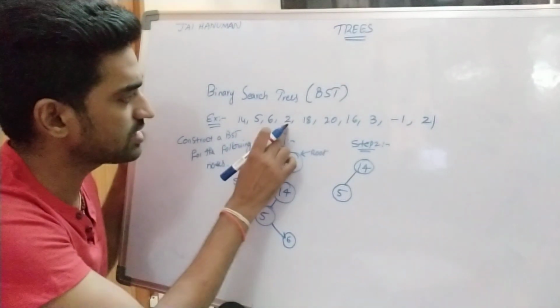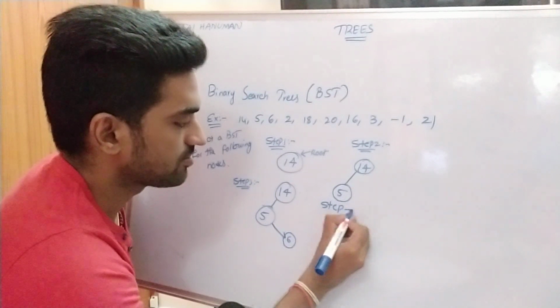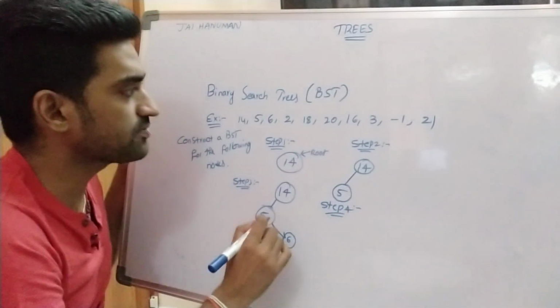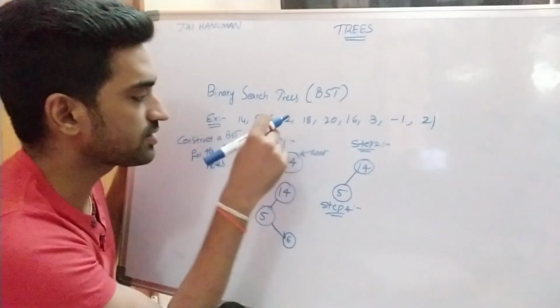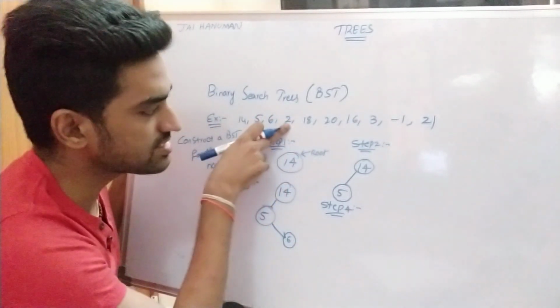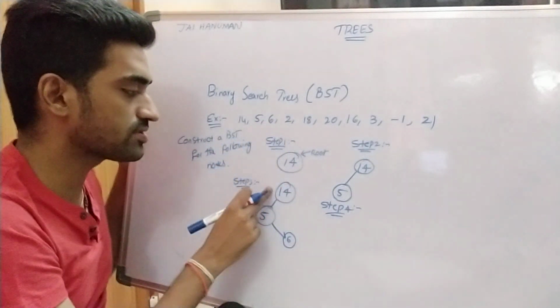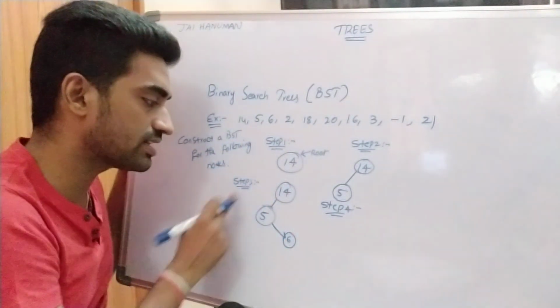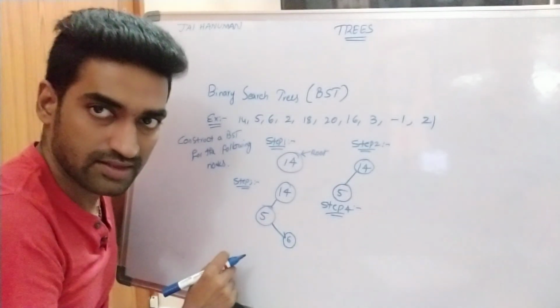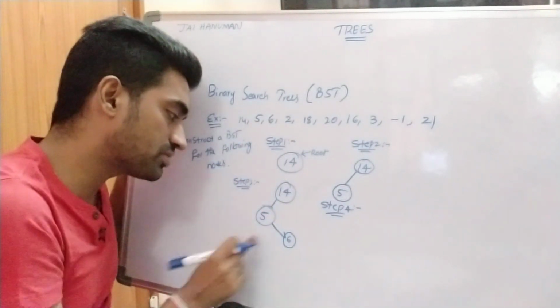So what is the next inserted element? 2. First of all we apply the comparison procedure from the root to the inserted element, right? So 2 is less than the root node, so we can insert that element at the left subtree, right? Again we compare the inserted element to the left subtree root.